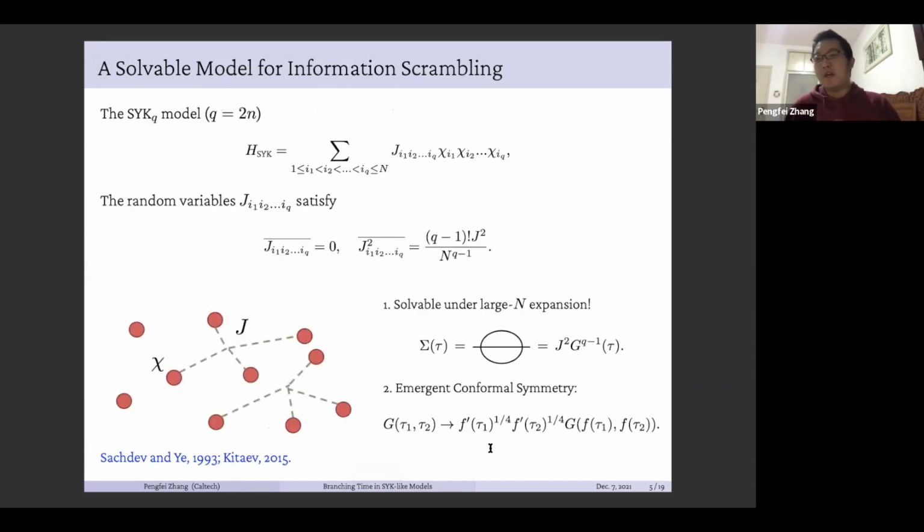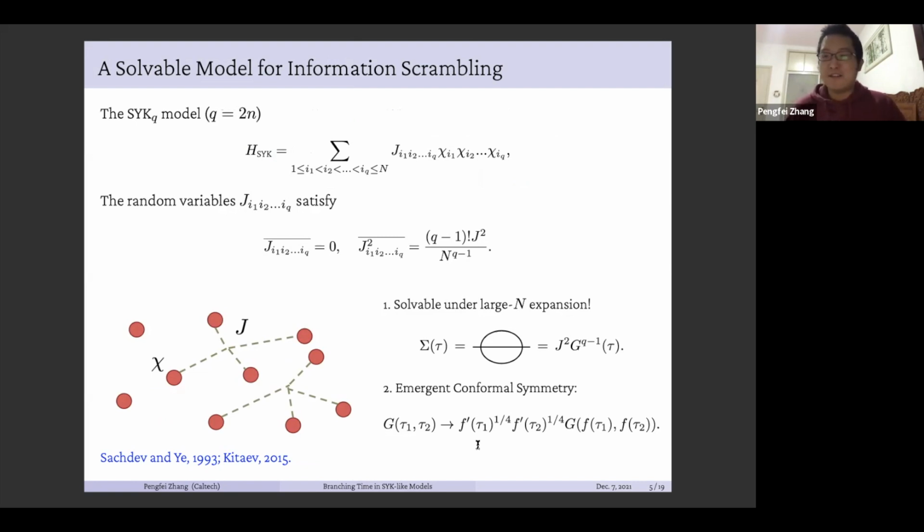Generally, computing the out-of-time-order correlator is not so easy, in particular for strongly interacting quantum systems. Fortunately, there is a solvable model for information scrambling called the SYK-like model. Such a model describes randomly interacting Majorana fermions with J_{i1...iq}, which is just the random interaction parameter.